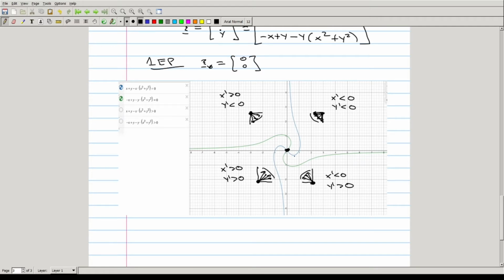And what's interesting here, though, is that if we move down into this region where the null line has some weird behavior, these directions also have to be preserved.